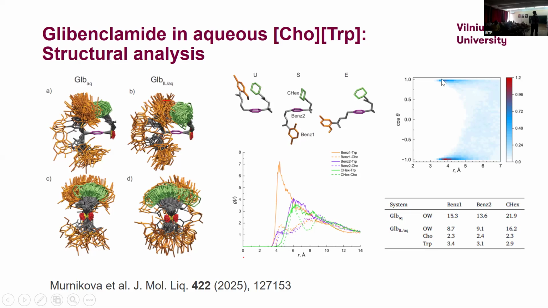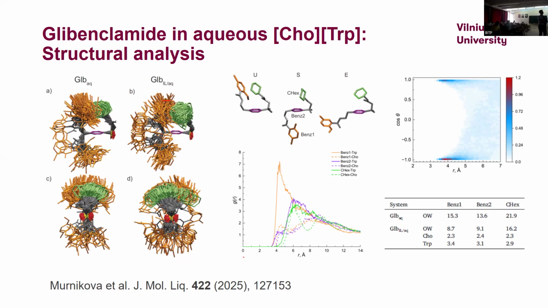So you see these red spots here. They indicate that we have an increased distribution of these two rings being very close to each other, in the pi-stacked configuration. So this is one of the specific intermolecular interactions that drives this condensation of the anions around the glibenclamide.